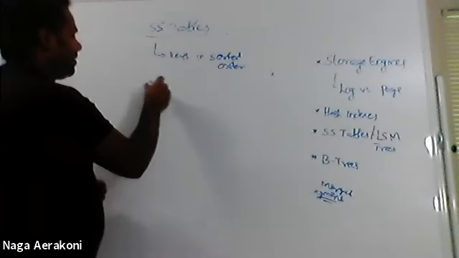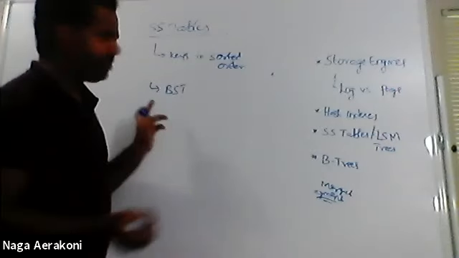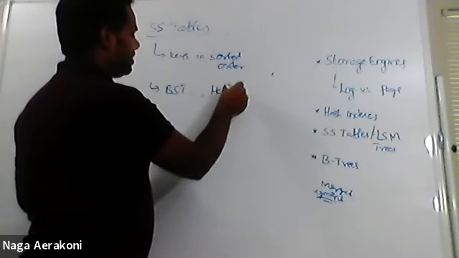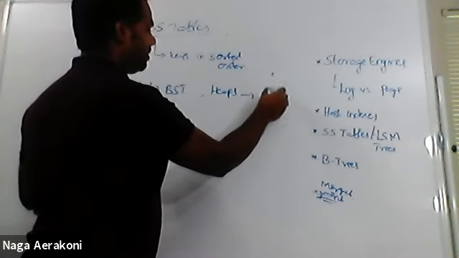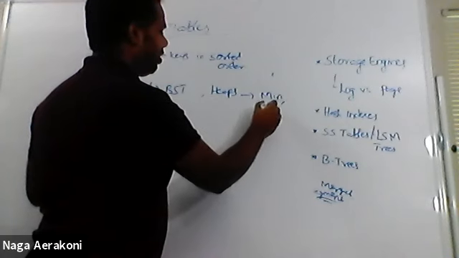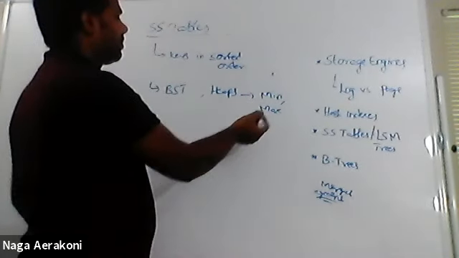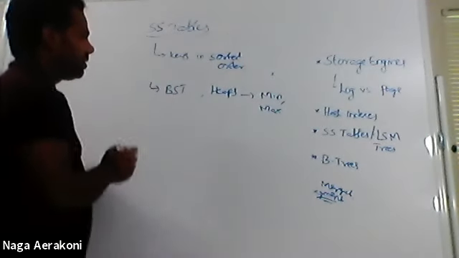Priority queues? What is the other one? Heaps. Okay, heaps don't always keep the data in sorted order. They just return the min or max in log n time, but they won't keep all the data in sorted order like BSTs.